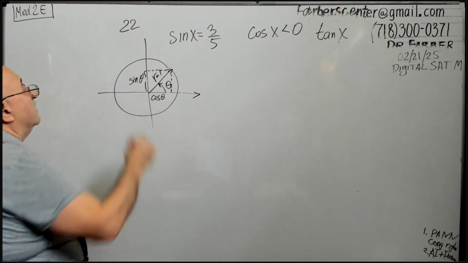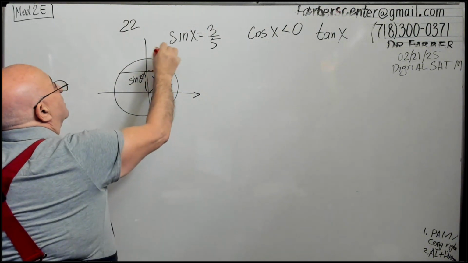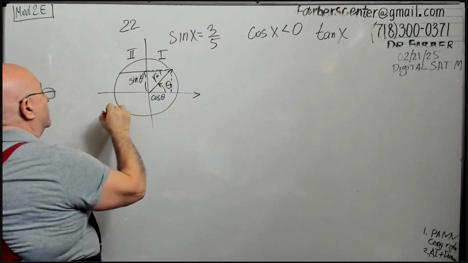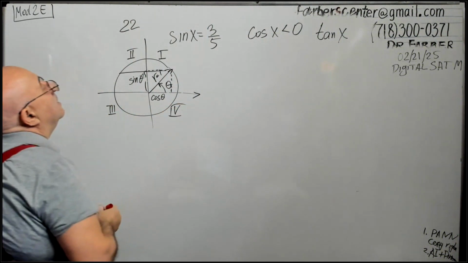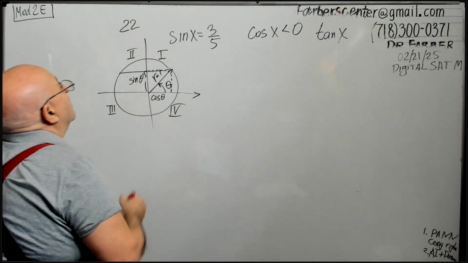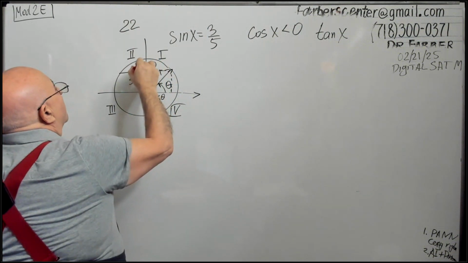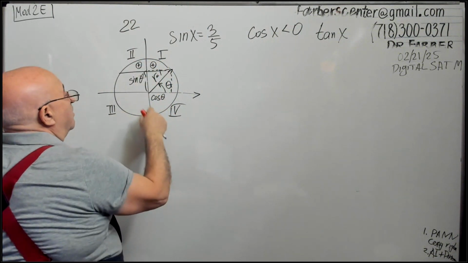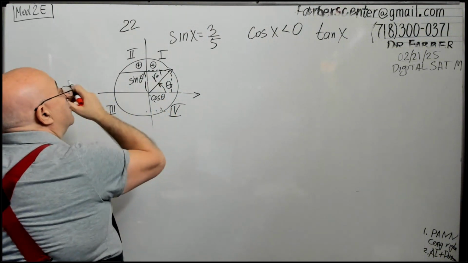And sine is positive in the first and second quadrants. Sine is positive only here and there, because if I put the angle here, this would be negative. This is sine.